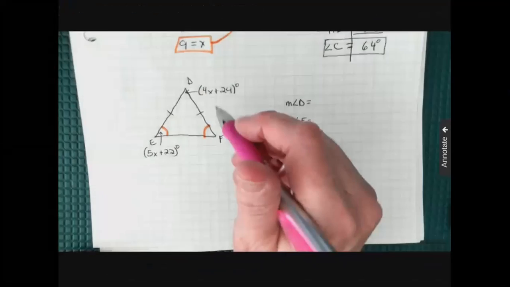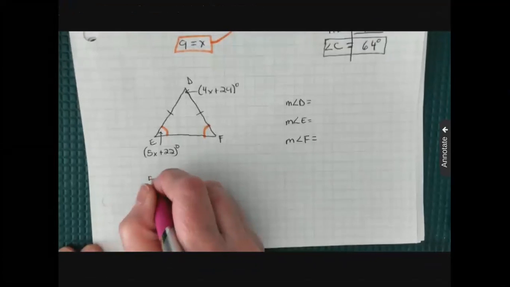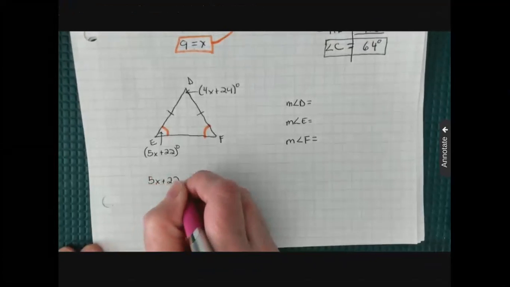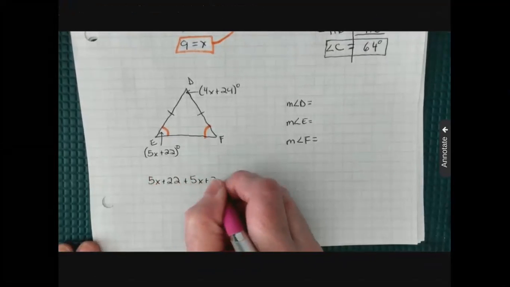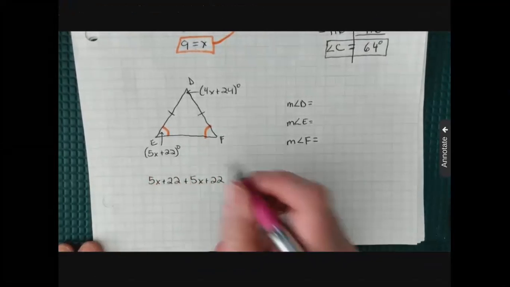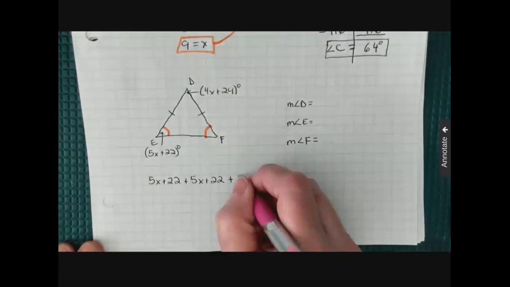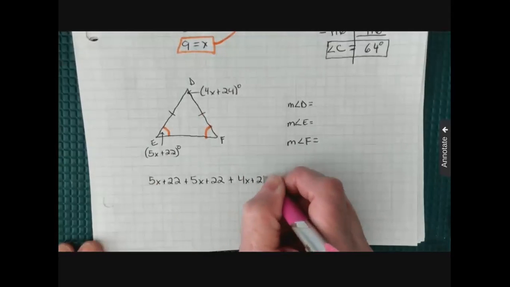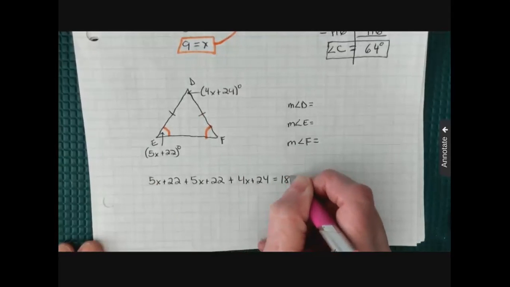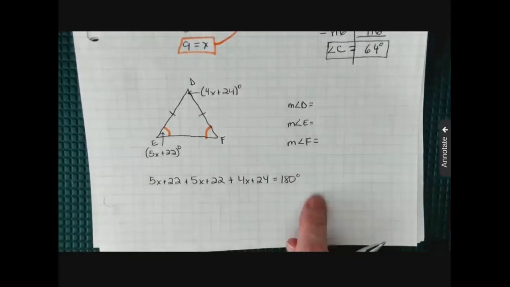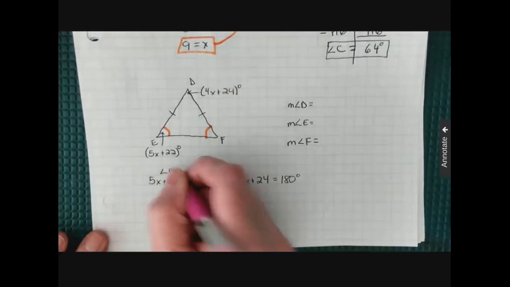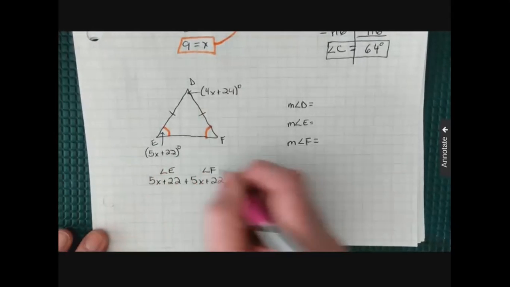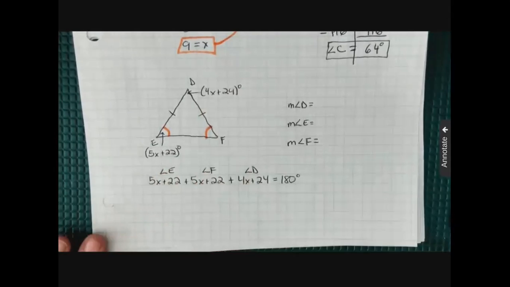So you would take this 5x plus 22. There's 2 of those, and then you add it to 4x plus 24 and make it equal to 180. So now you have each angle: angle E, angle F, and angle D.